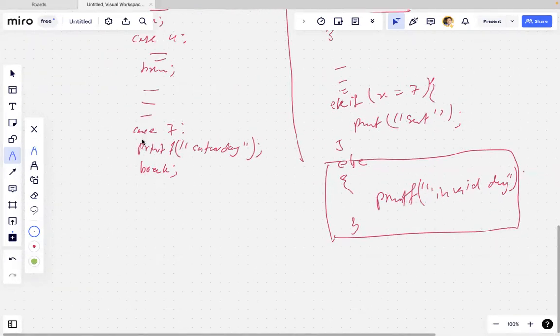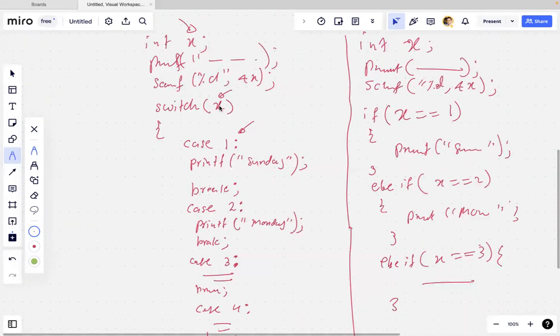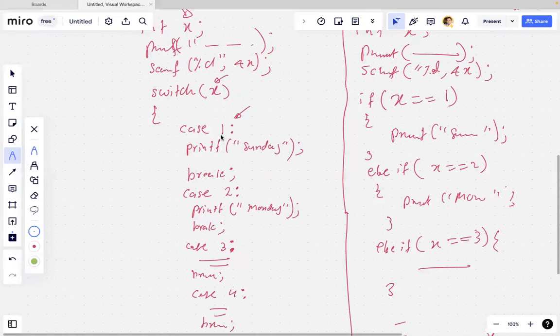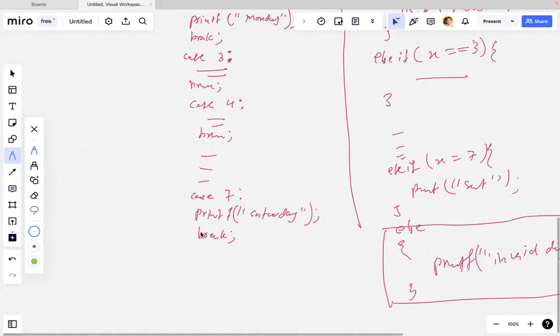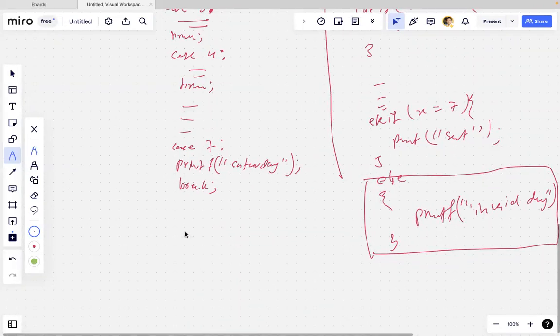Here also, if the x variable does not match any of these cases, then you can provide the keyword default and colon, then provide printf invalid day.